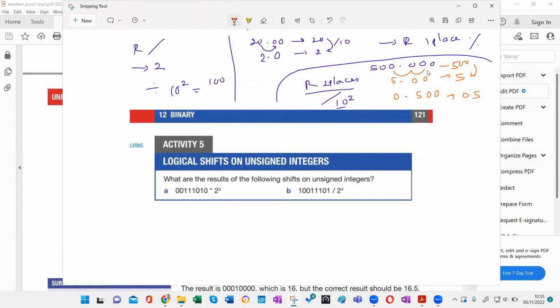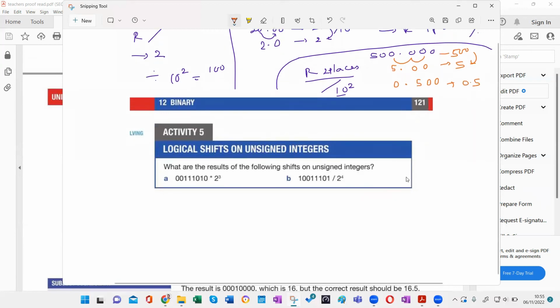So we get fractions. When you go beyond the decimal point, we get fractions. Okay, understood? Is that clear? Yes, sir.